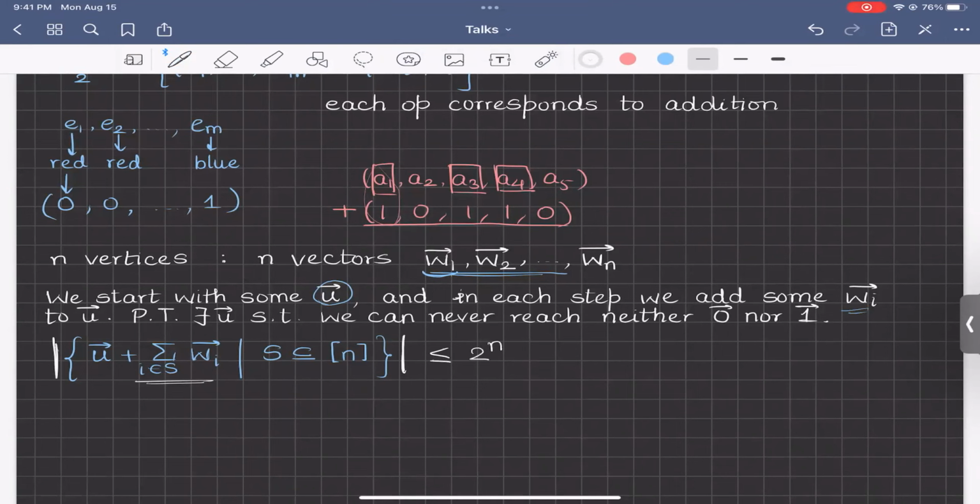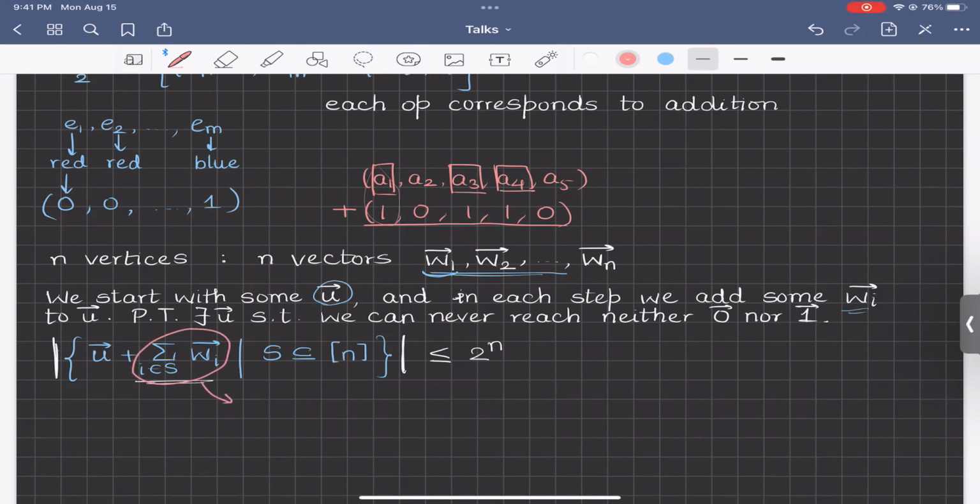What else can be said? Essentially, we want to choose U such that neither U nor 1 minus U is in this span. I'm considering this span to be the summations of W_i, the span of the vectors.